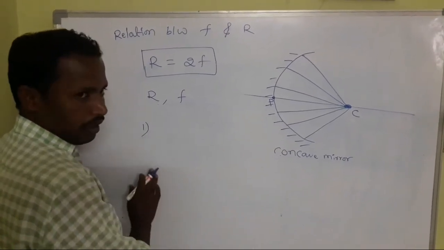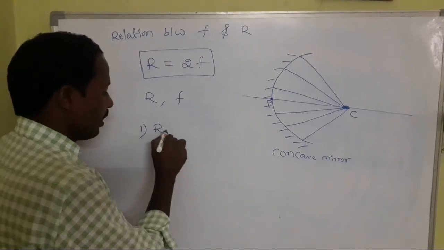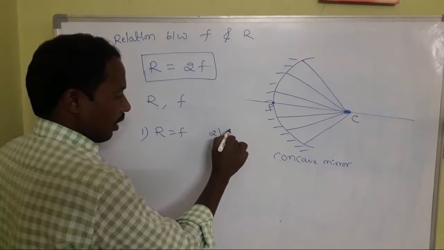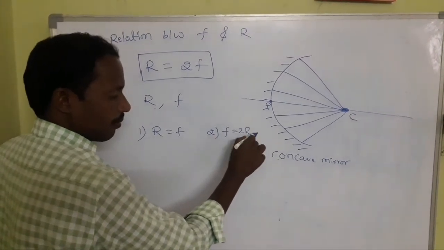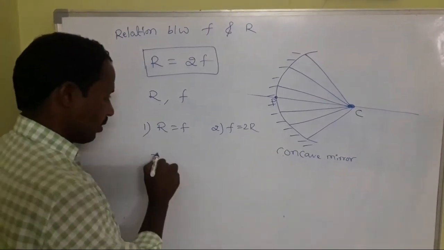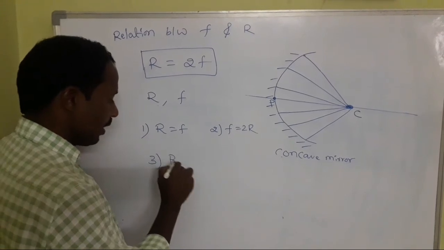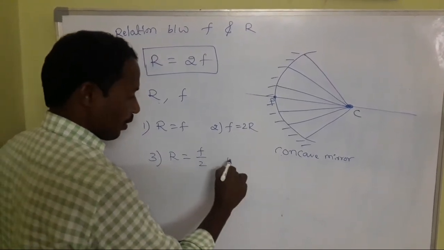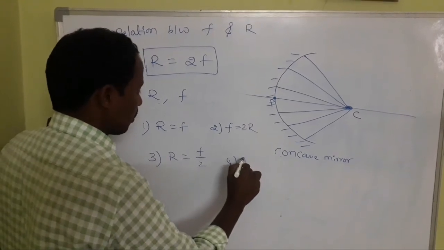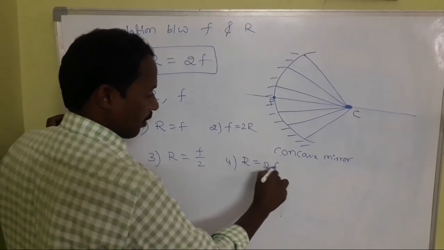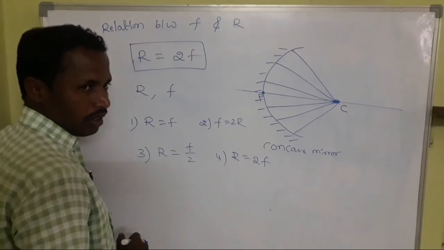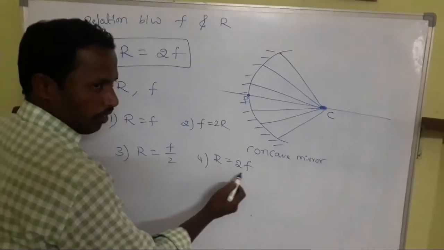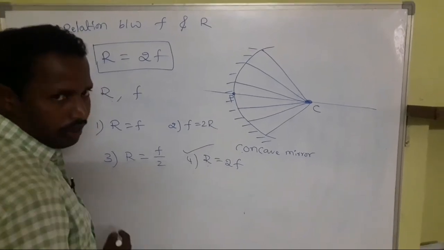In the 2018 question paper, the options were: first, R is equal to f; second, f is equal to 2R; third, R is equal to f by 2; and fourth, R is equal to 2f. Since the radius of curvature is twice the focal length, the fourth is the correct answer.